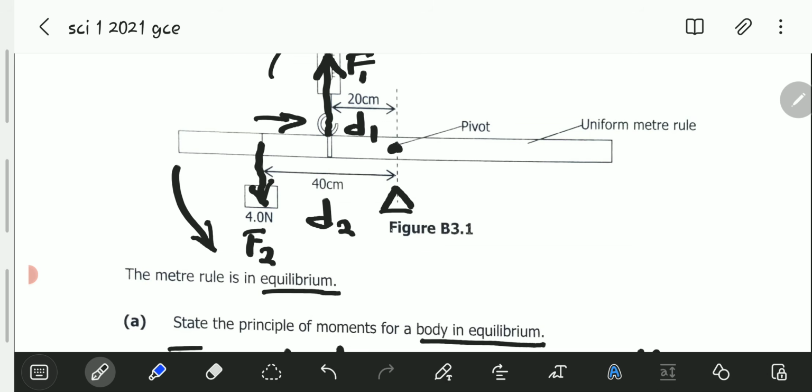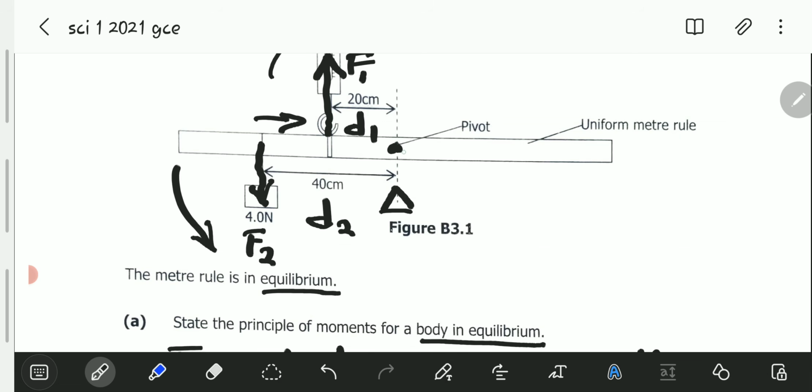Okay? Now, what we should take note about moments is this. The shorter the distance from the pivot, the smaller the moment. The shorter the distance, the smaller the moment. The bigger the distance, the bigger the moment. So, in moving the 4 Newton force to a distance closer to the pivot, we reduce the moment.